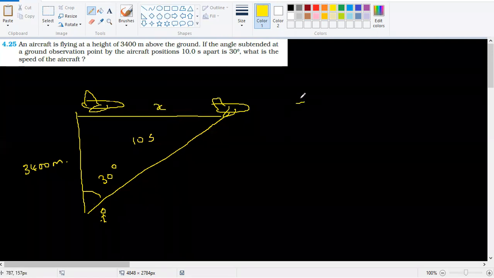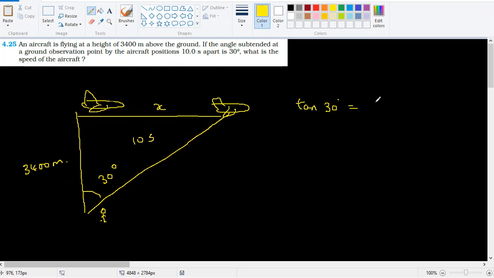So I can say tan 30 is equal to opposite by adjacent. Opposite is x, adjacent is 3,400. So tan 30 is 1 by root 3. So x is equal to 3,400 divided by root 3.